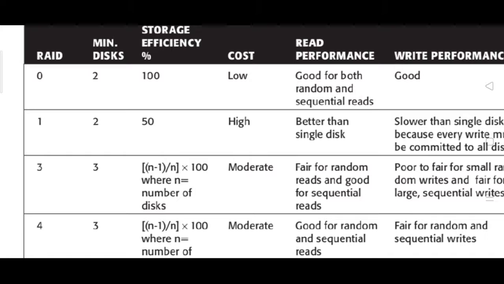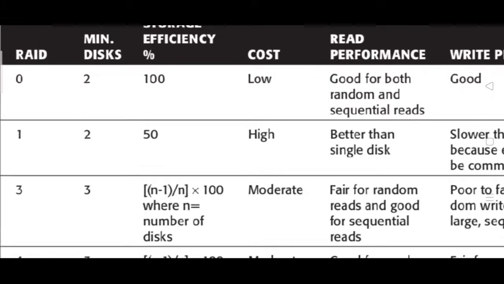RAID 0 is the striping concept. Stripe means division, so you have to divide the data into two halves, and each half should be stored in one particular disk. So the minimum number of disks required to implement RAID 0 is 2.